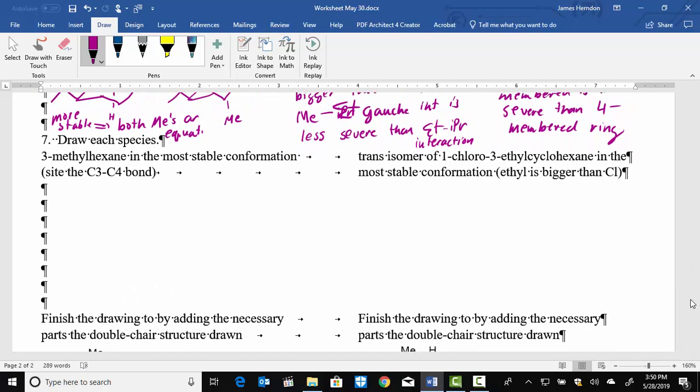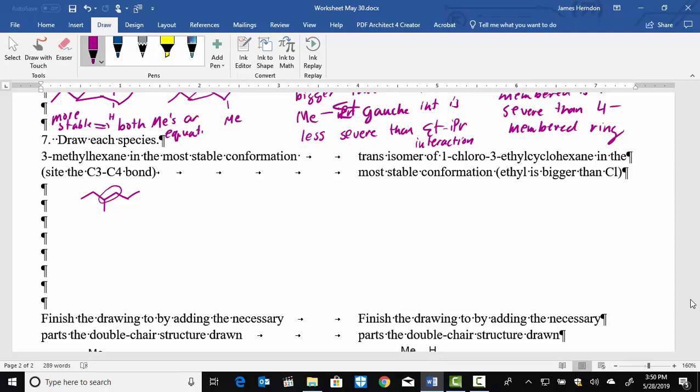Okay, we're going to draw each species. We're going to draw 3-methylhexane in the most stable conformation, citing the C3-C4 bond. Let's look at that compound. All right, here's 3-methylhexane. This is C3-C4 right here.